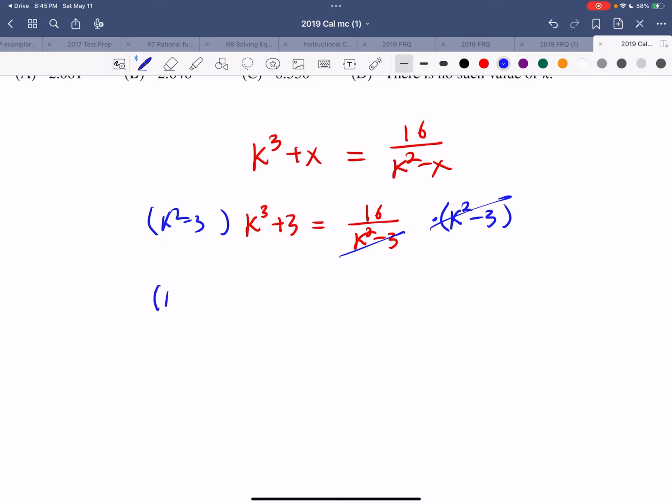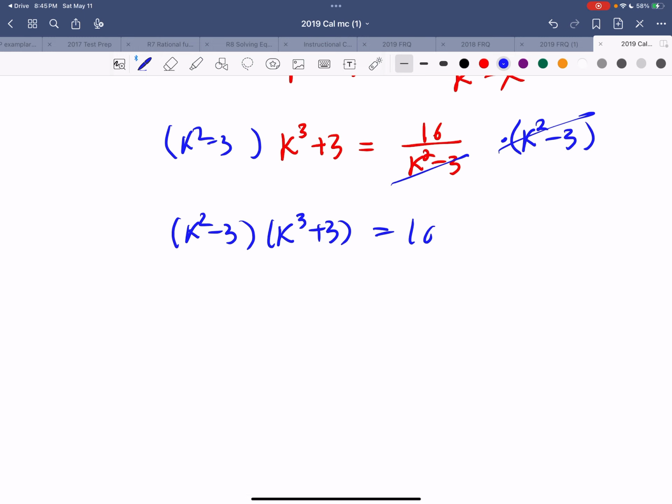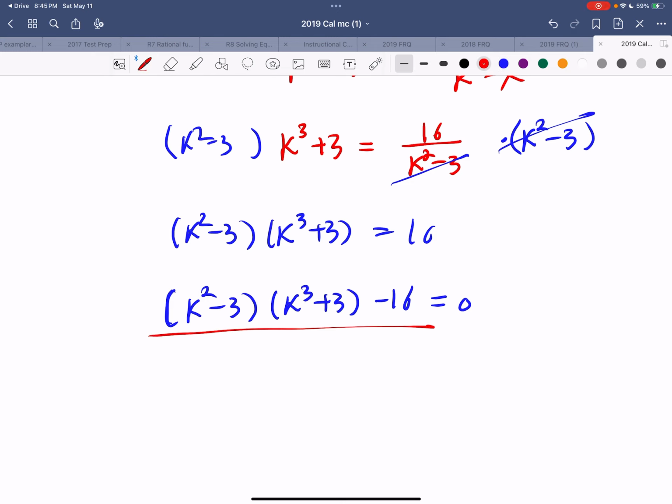I have k squared minus 3 times k to the third power plus 3 equals 16. That easy. And if I want to solve for k, I'm going to move 16 to the other side, so I'm going to make it k squared minus 3 times k to the third power plus 3, minus 16, equal to 0.